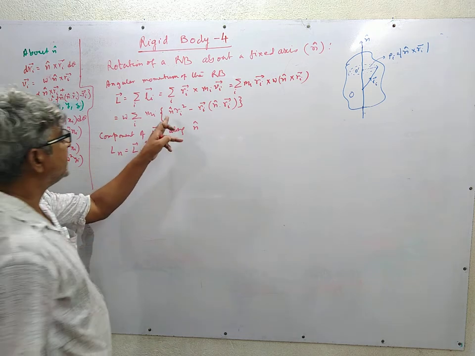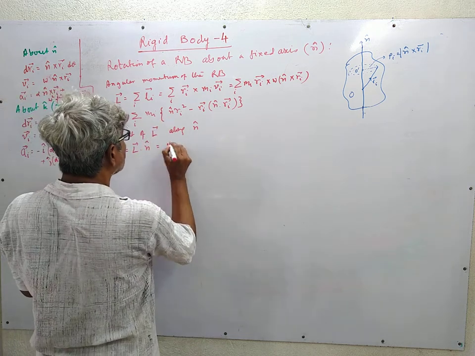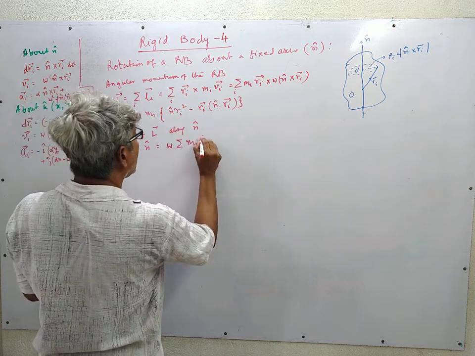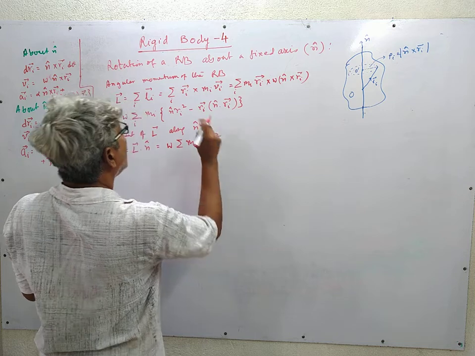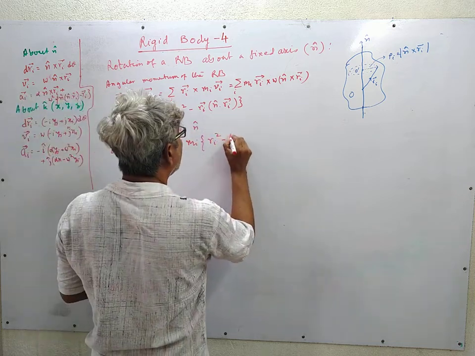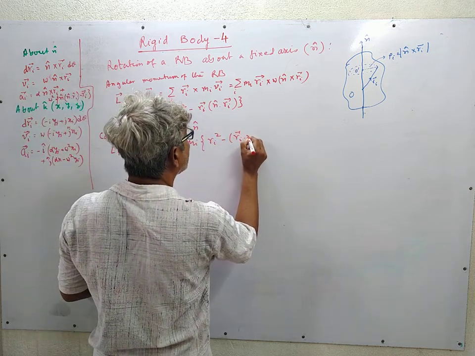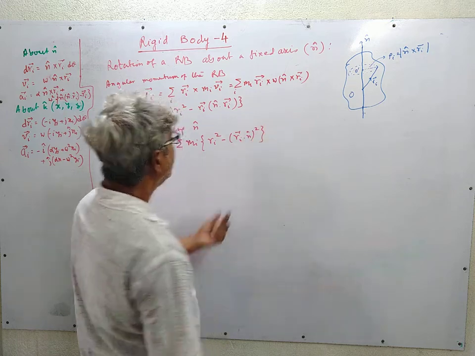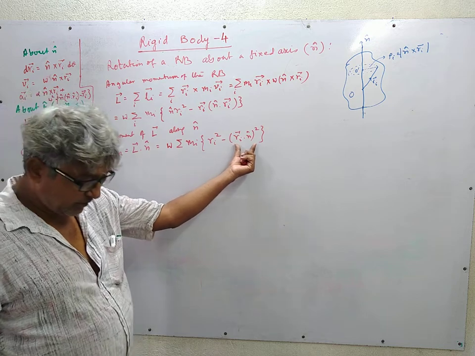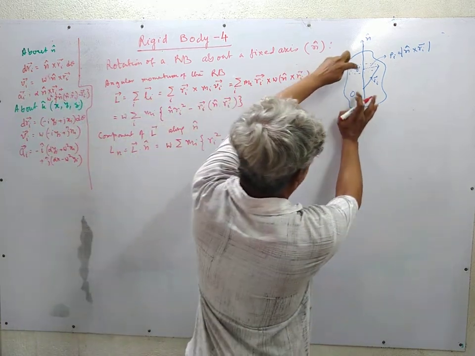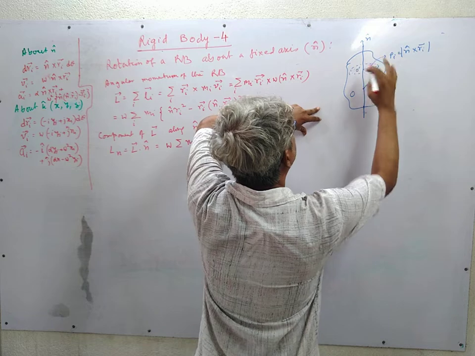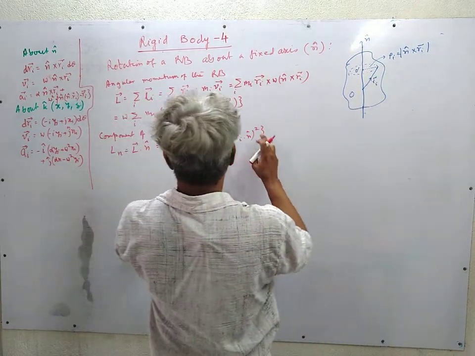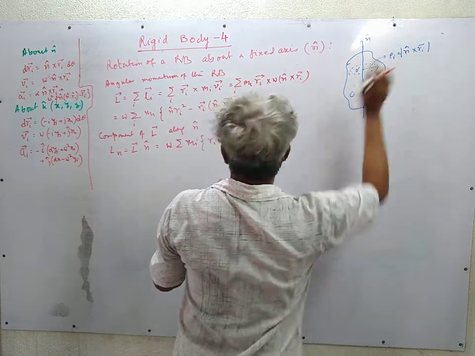When we dot it with n cap, this is simply Ri square minus (Ri dot n) whole square. Ri dot n is the component of Ri in the direction of the axis, so this part is actually rho i square.